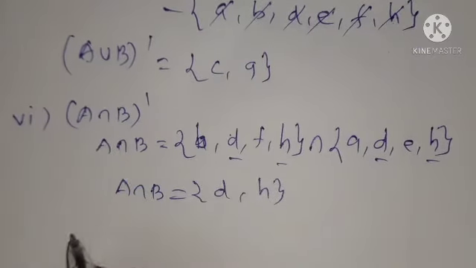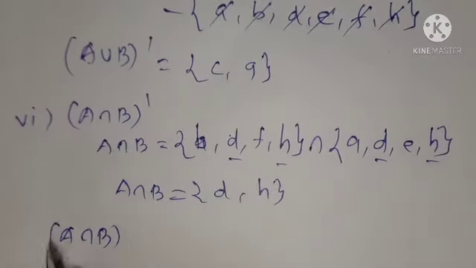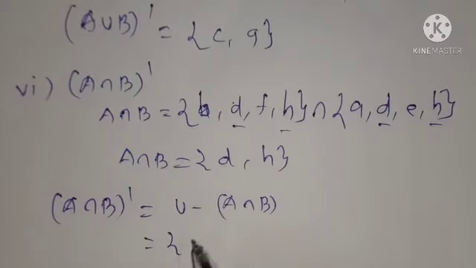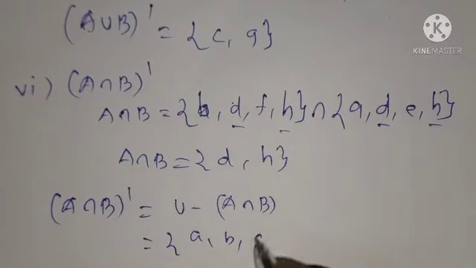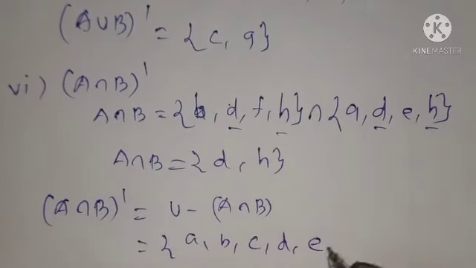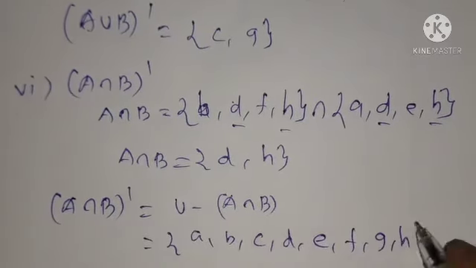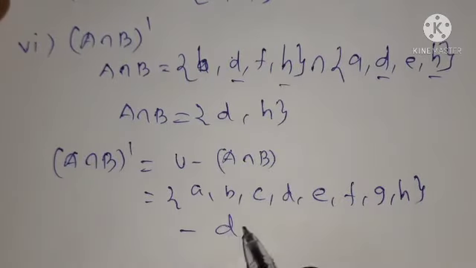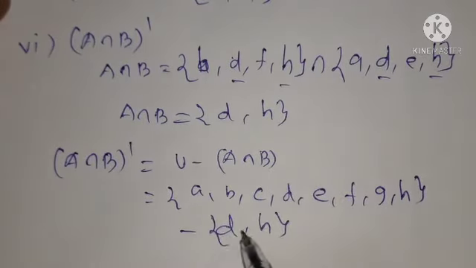So next, (A intersection B) whole dash equal to the universal set minus A intersection B. First write the universal set elements A, B, C, D, E, F, G, H minus A intersection B, D, H. Strike out the common elements.